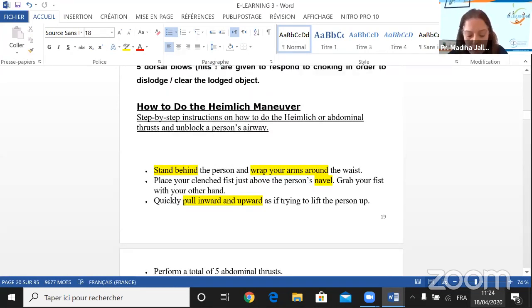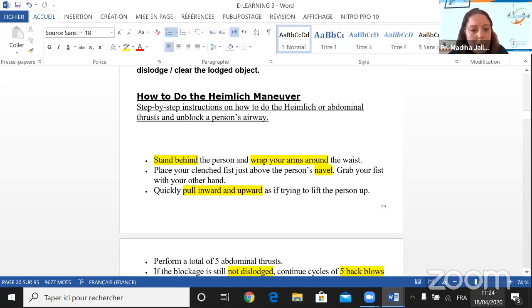You have to stand behind the person, wrap your hands around his waist, and place your clenched fist just above the person's navel. My fist is clenched, you see.